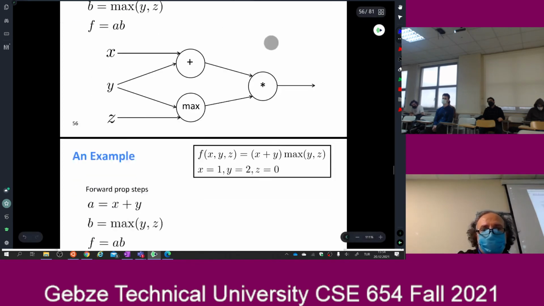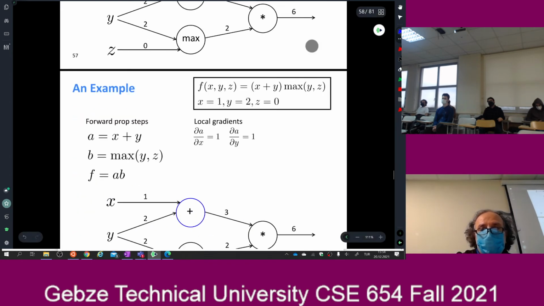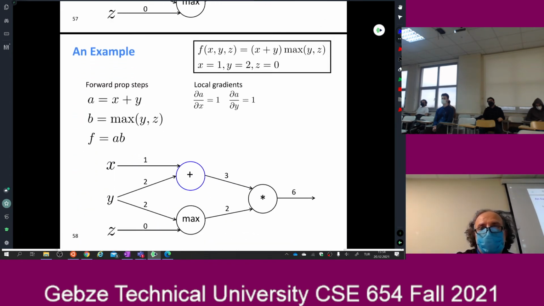If I put x=1, y=2, and z=0, f becomes 6. This is the forward propagation, no problem. How about the backward propagation? Let's look at that.